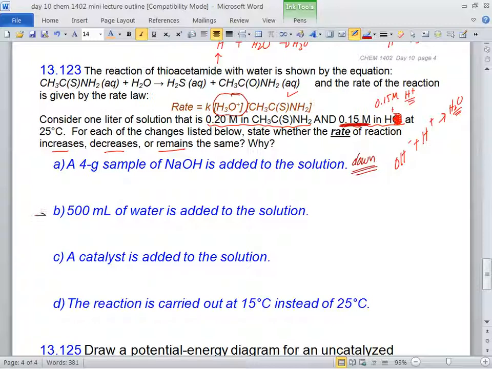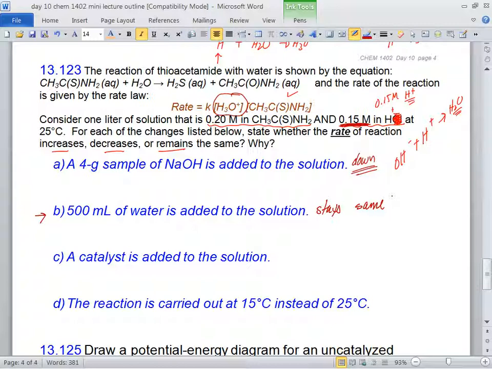I think it stays the same. You said stays the same. Everybody agree? Add some water. Water's not anywhere in the rate law. It's like adding iron. Doesn't do anything. Does everybody agree? Yes.